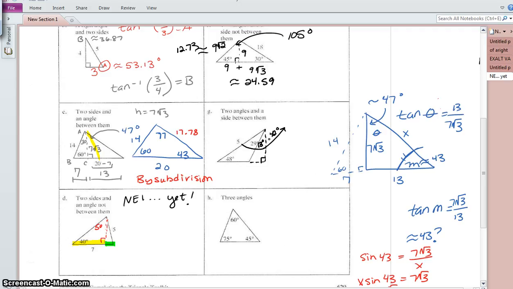The complement of 13 is 77. So there's enough information to get around triangle G using trig dimensions. Yes, I can finish this, using trig and inverse trig.